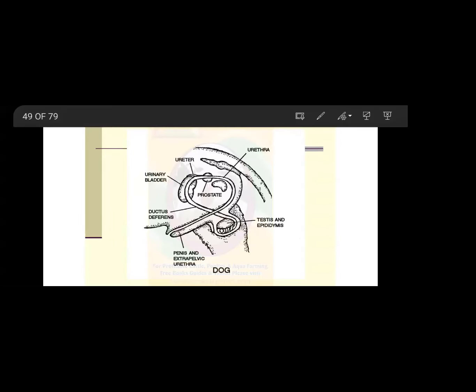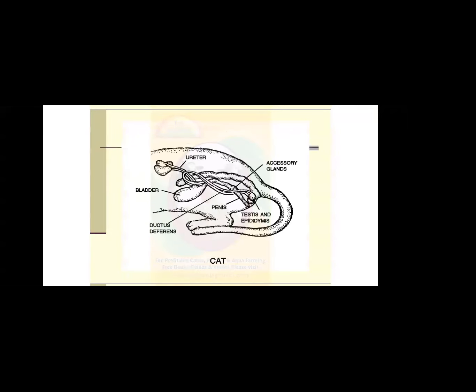You've got your ductus deferens, which takes the sperms from the actual testicles through the urinary bladder, through the prostate, and onto the penis for release. And you've also got your ureter there and your urinary bladder there, where all this urethra passes through.